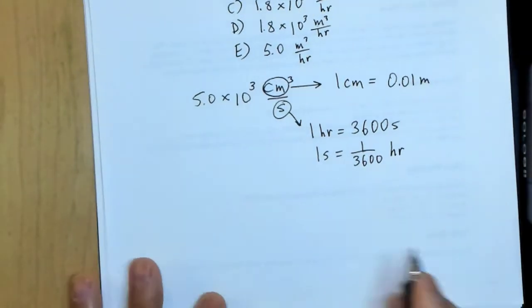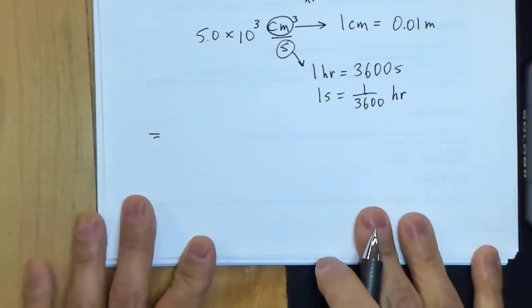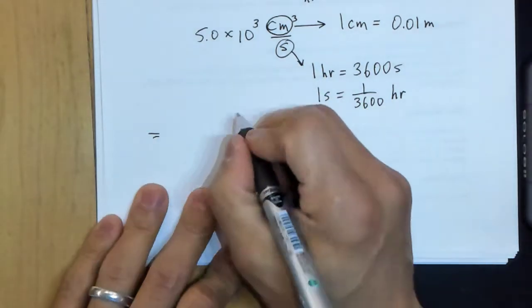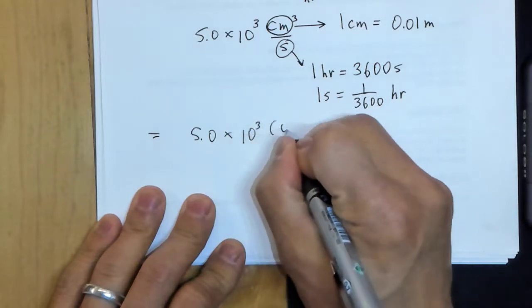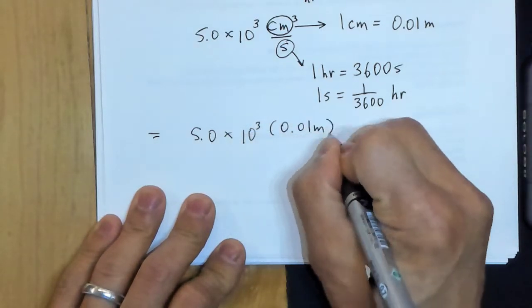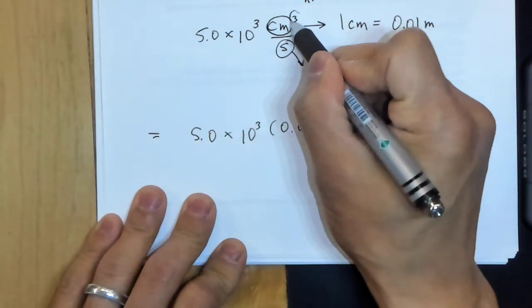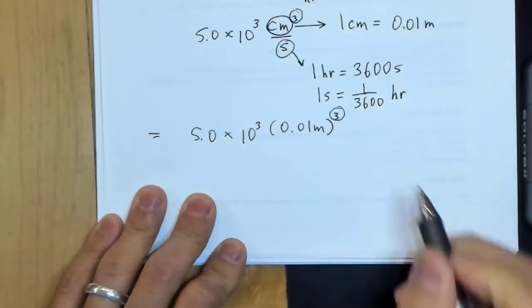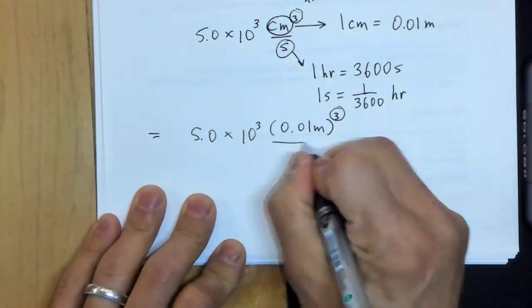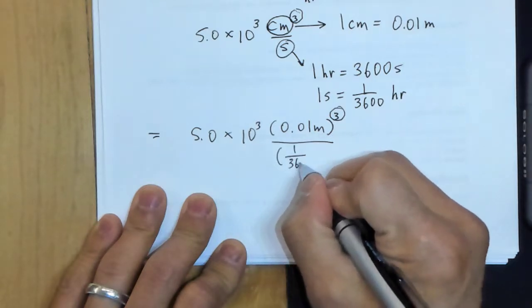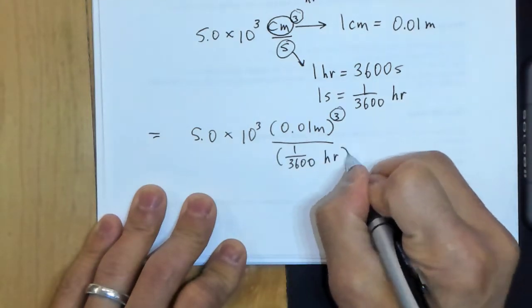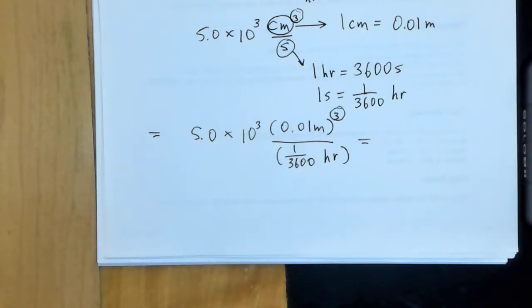So now I will substitute. I get 5.0 times 10 to the third, and then 0.01 meters. And remember, that's raised to the third power, so that's why I have this third power there. And then I divide by, replacing 1 second by 1 over 3,600 hours. Does that make sense, everybody?